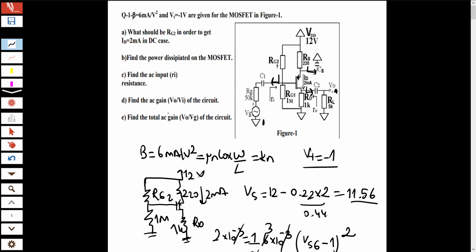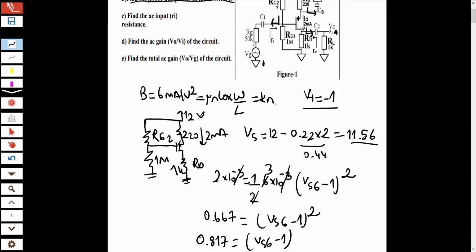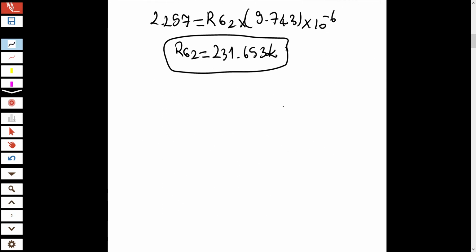In the B, find the power dissipated on the MOSFET. What is the power dissipated on MOSFET? Power dissipated on the MOSFET equals V source drain times the current through it.